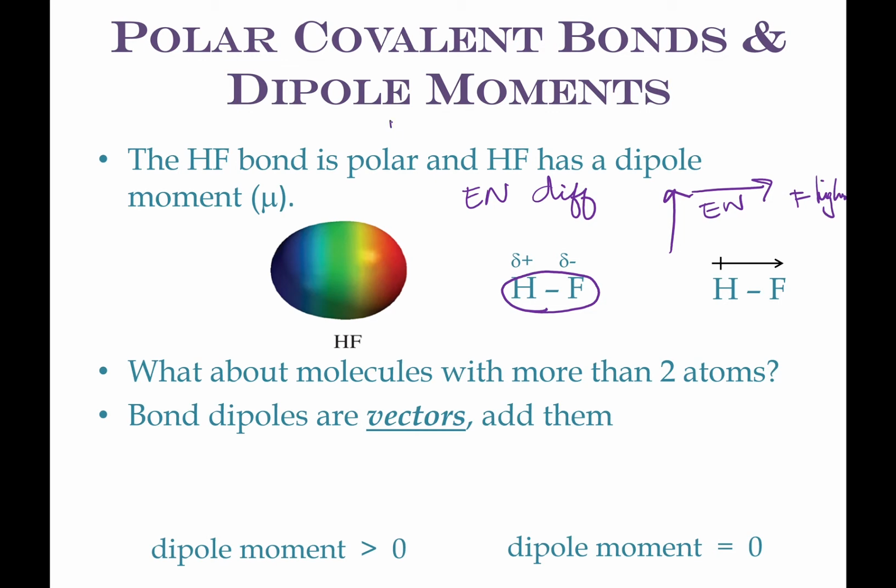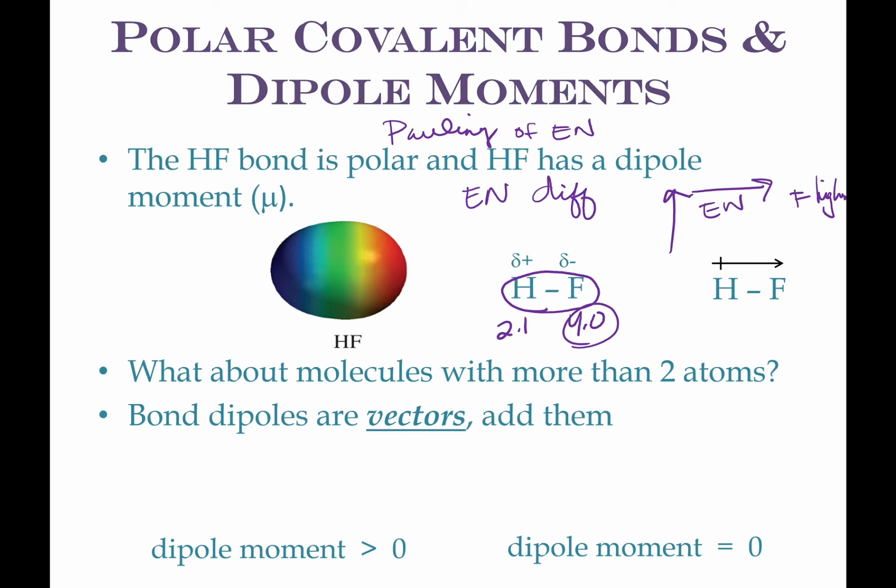So using the Pauling scale of electronegativity, which you're going to be given the values, you don't have to memorize them or anything. Hydrogen has a value of 2.1 and fluorine of 4.0. So in this case, fluorine is more electronegative, meaning it's going to have more of the electron density.